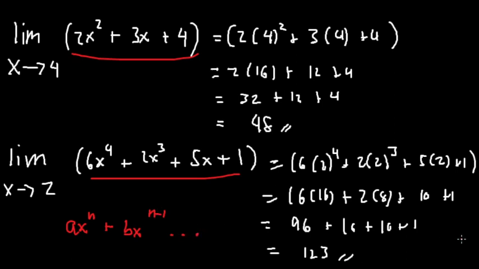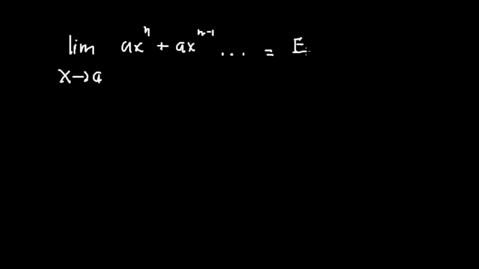So if you notice some trends when talking about the limits of a polynomial function, in most cases, the limit of a polynomial function, let's say ax to the n plus a to the n minus 1, will always exist.